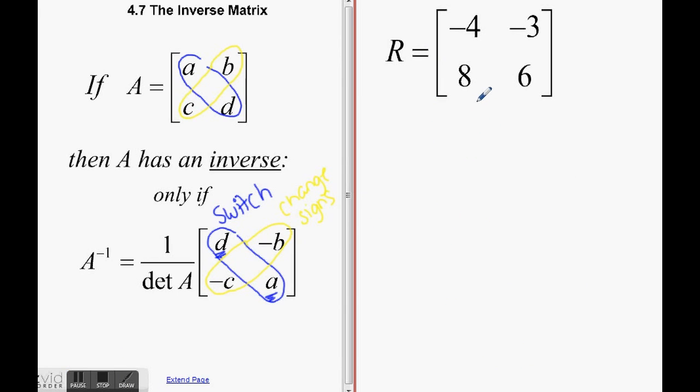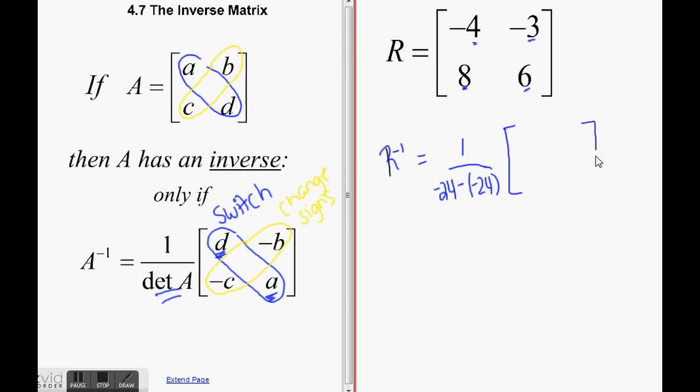For my next example, I have the 2 by 2 matrix R, and we're looking to find the inverse matrix, R inverse. The first thing I want to do, according to my formula, is find the determinant of the matrix that I have. -4 times 6 is -24, subtracted from -3 times 8, which is also -24.